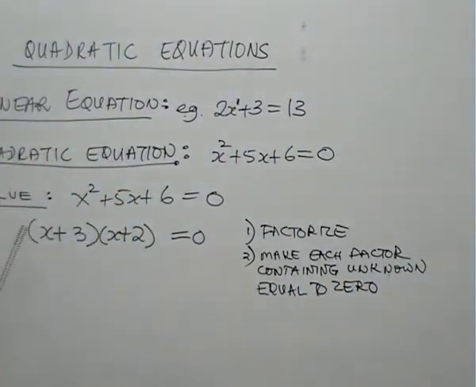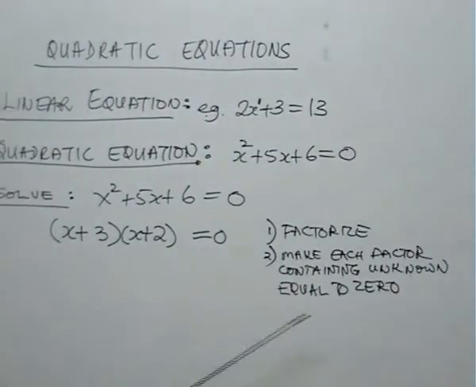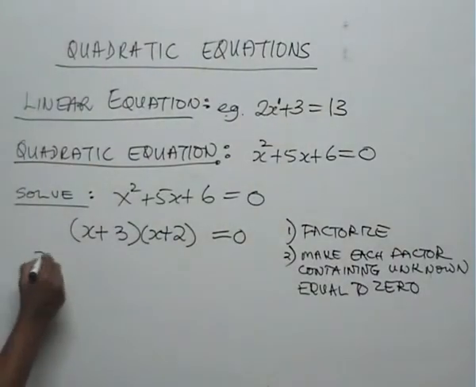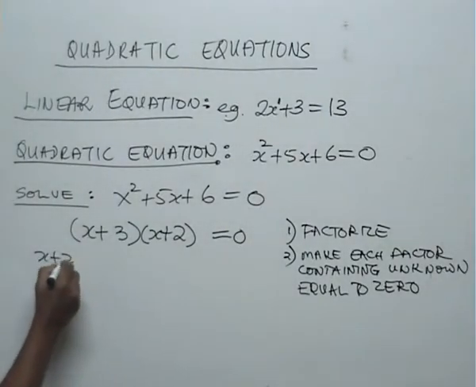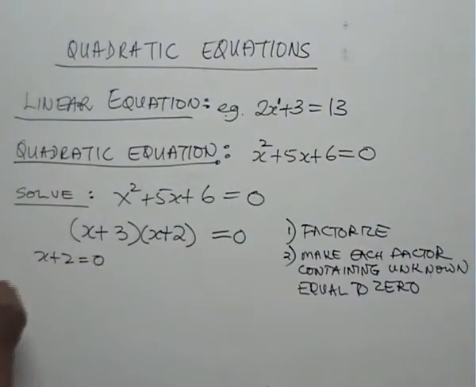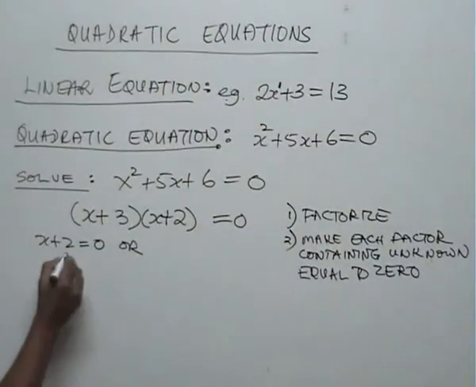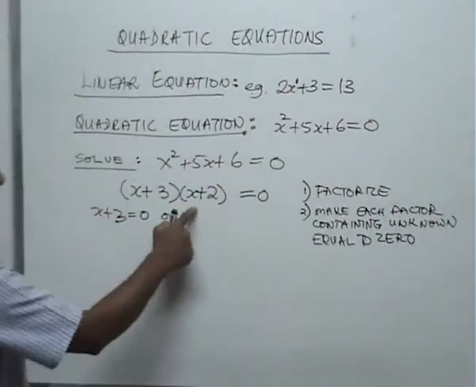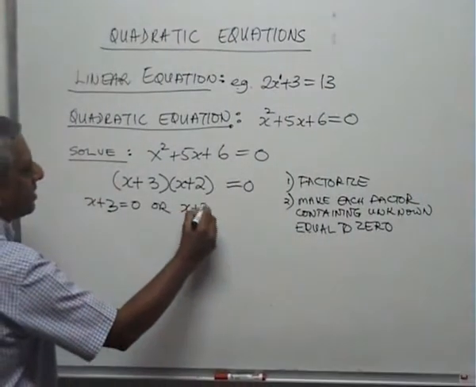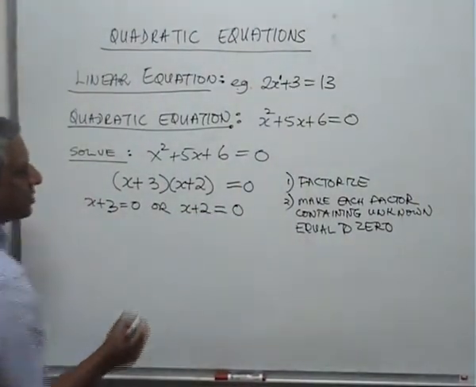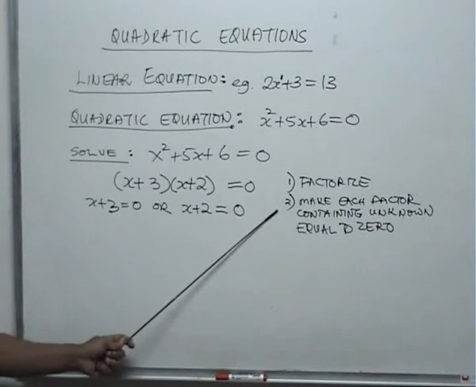So there are 2 factors here. So you must make each factor equal to 0. So this factor here, x plus 3, I don't have to write the brackets down, is equal to 0. Or this factor, x plus 2 is equal to 0. So we finished the second step.